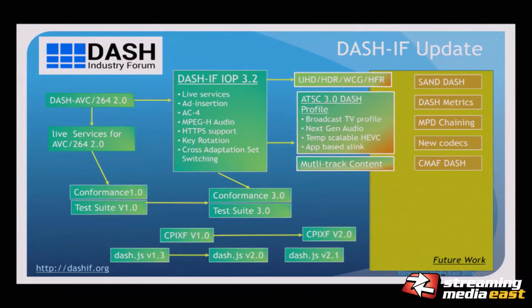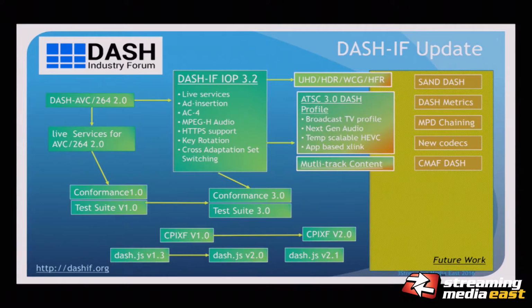If you look at other activities here in the middle, shaded with yellow, ATSC 3.0, Dash IF is in collaboration with ATSC, creating a Dash profile for ATSC 3.0. Again, I think Deepak is going to talk about that. Some of the new tools in Amendment 4 of MPEG are being used there. Next generation audio, which is object-based audio, is being used there, as well as scalability and app-based XLink.